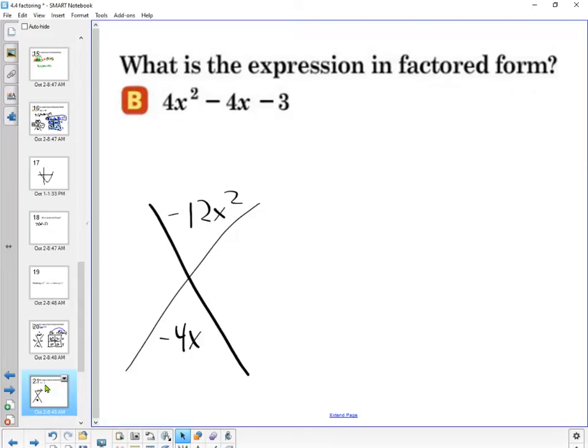It doesn't matter which order they go in, as long as they're right. As long as the binomial is right, it should be good. Now we'll look at this one here. This is all you're really looking for. All you gotta do is put this on the side. We have 2 in common, right?